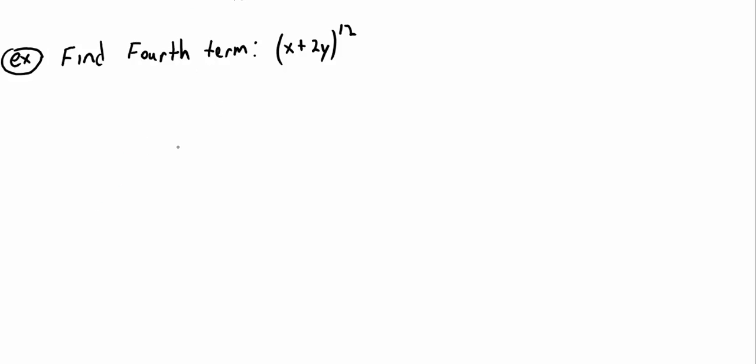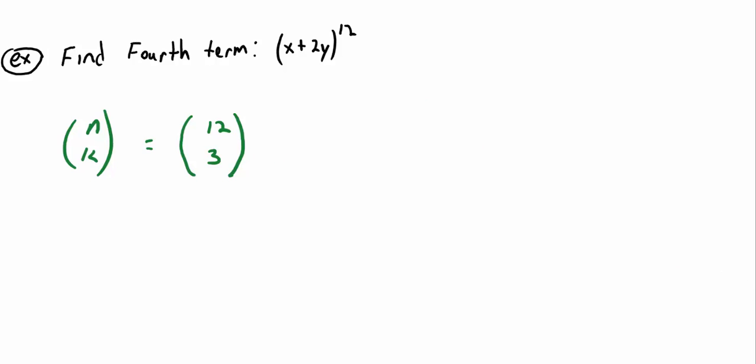So generically, n choose k. Well, n is always going to be this exponent up here on the binomial that you're expanding. So that part's easy. But if you start counting at 0, what's the k going to be for the fourth term? Not 4, 3. So that can be tricky.